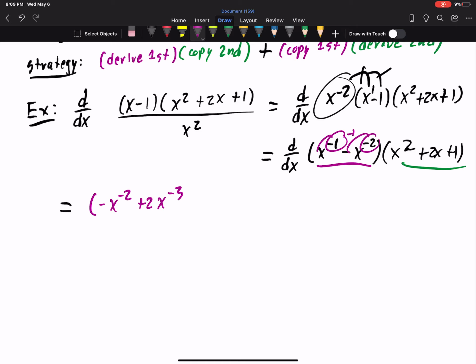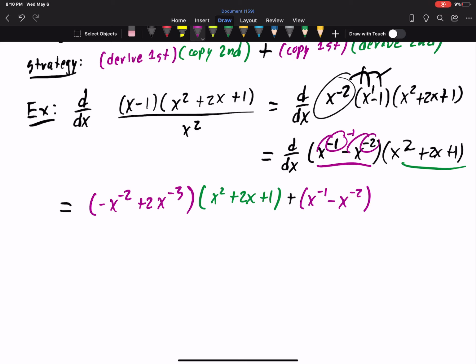There's that. So that was the derivative of the first. Now we copy paste the second, x squared plus 2x plus 1. And then we copy paste the first. X to the minus 1 minus x to the minus 2.